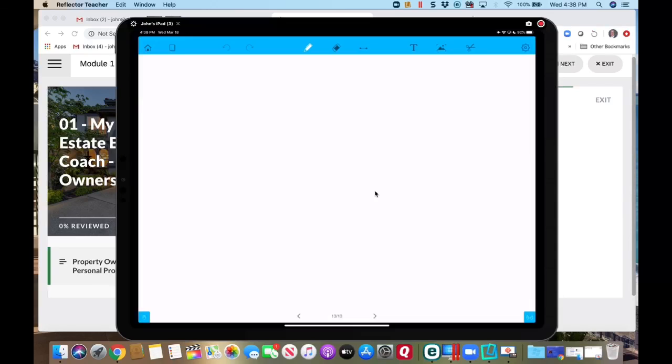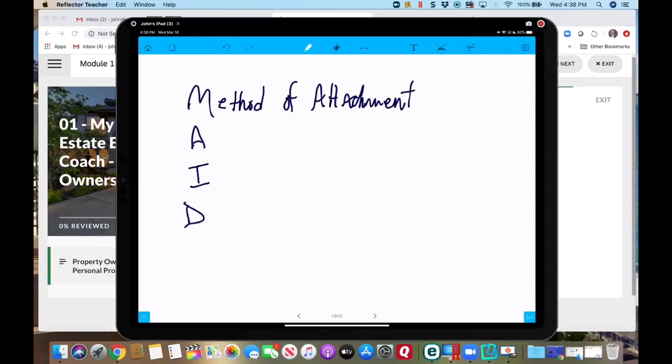So how do the courts determine if an item was a fixture or not? We use an acronym called MAID, M-A-I-D. We look at the method of attachment. That's the first thing.